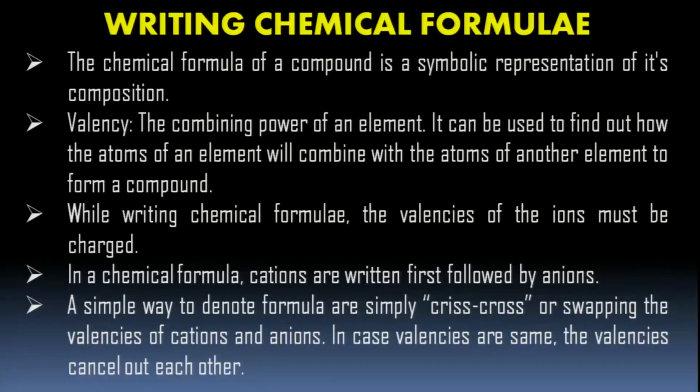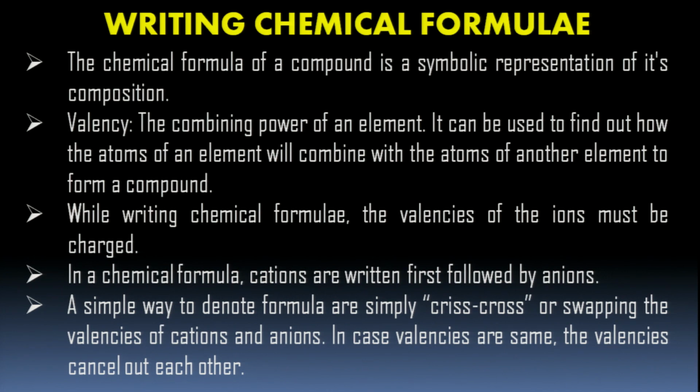Okay? Children, let's learn writing chemical formulas. The formulas of compounds we have discussed, or you might have read somewhere, but how to write these formulas? We have certain steps, and I'll tell you how to write them very easily. Okay, children? Be ready with your pens and chemistry notebook. The chemical formula of a compound is a symbolic representation of its composition.